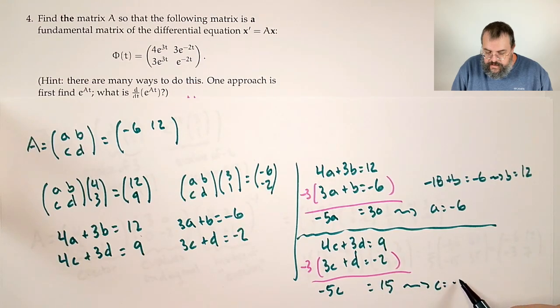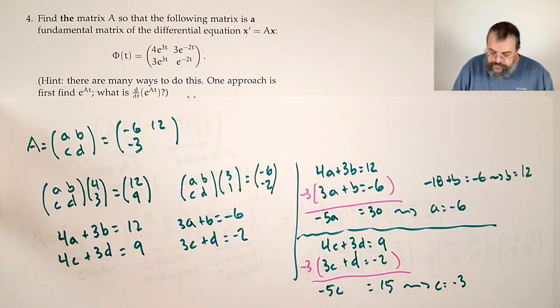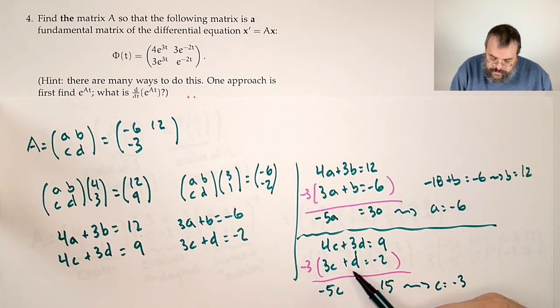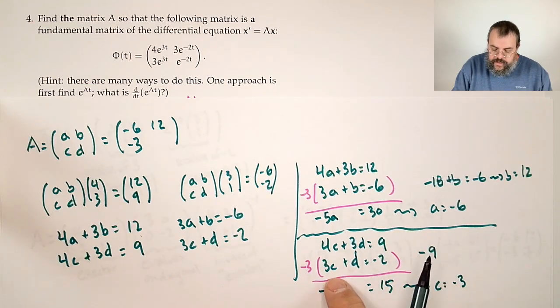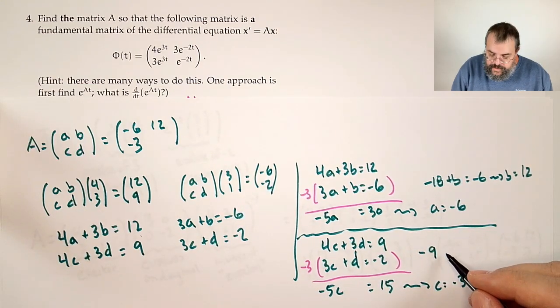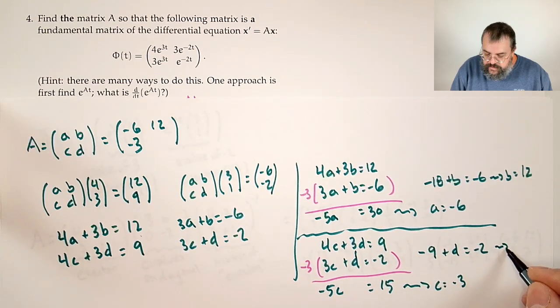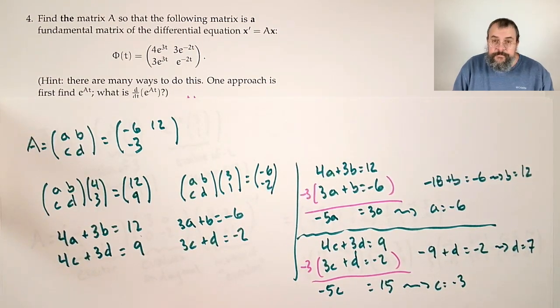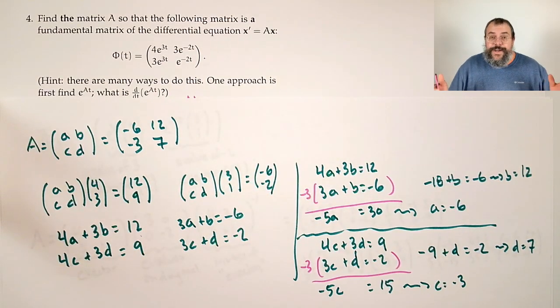Okay, so c is negative 3. And now, well, that's 3c, minus 9, plus d equals minus 2. So that says d has to be 7. So d is 7. And there we go.